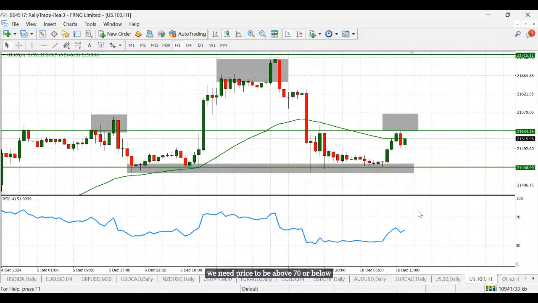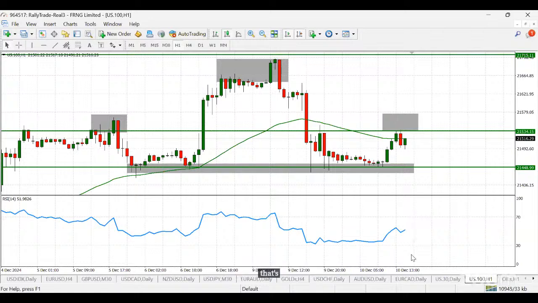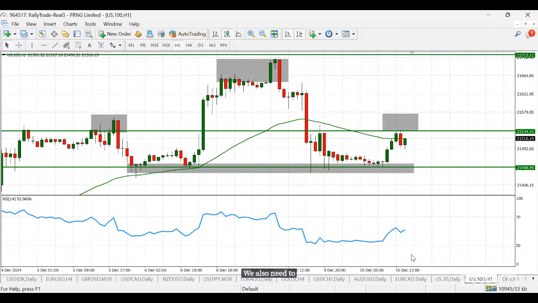Above 70 means it's overbought, and then we're looking for opportunities to sell. Below 30 means that it's oversold, and then we'll be looking for opportunities to buy. We also need to confirm that with a bullish reversal pattern for oversold or a bearish reversal pattern for overbought.